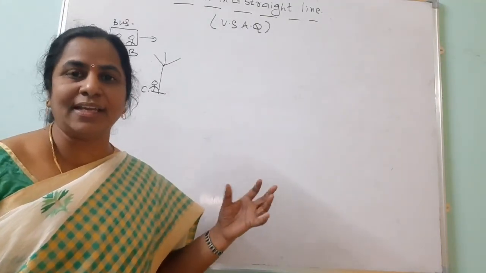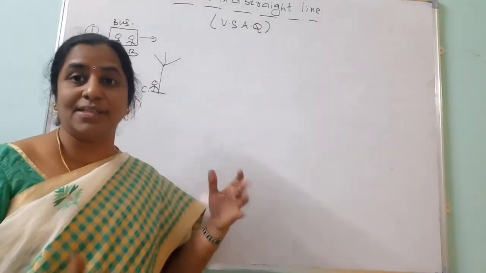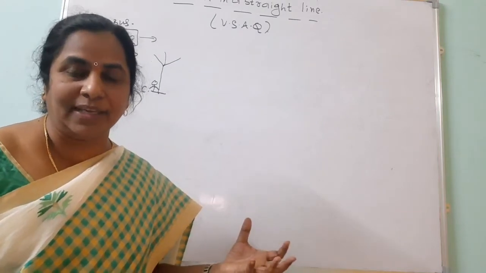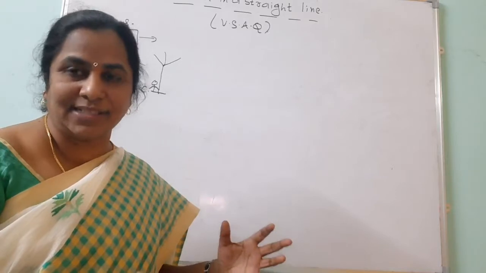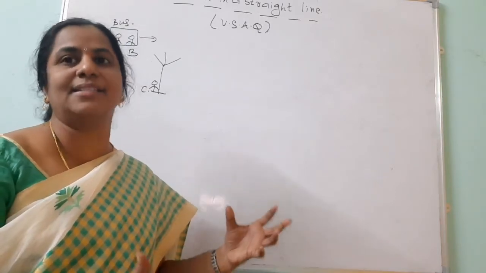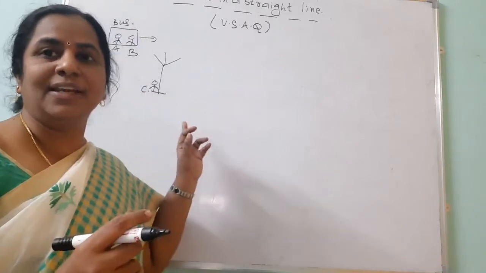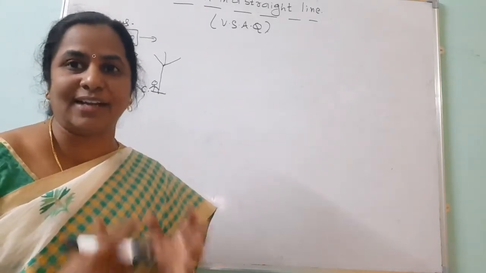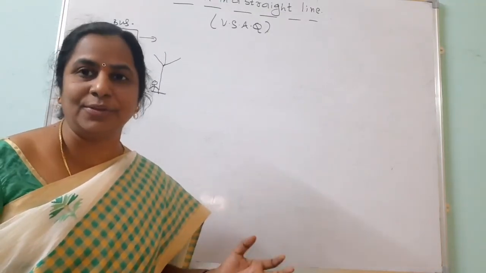With respect to C, both are in motion because the bus is moving. But with respect to A, B is at rest. With respect to B, A is at rest. So with respect to C, both are in motion. But with respect to A and B, both are at rest. That's why we say rest and motion are relative to each other.